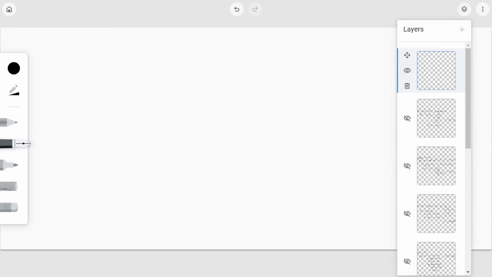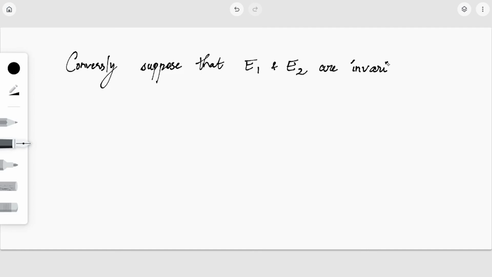Now we need to prove the converse part, that is conversely, suppose that E1 and E2 are invariant subspaces of the operator T. Okay, what does that mean?